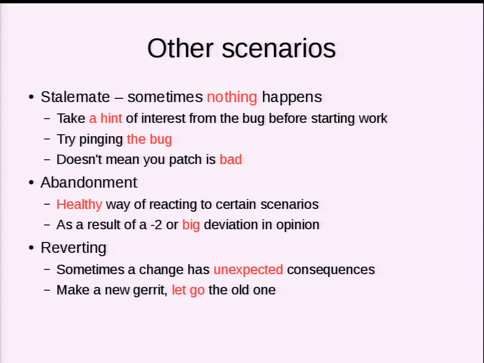The good thing to do initially is to take a hint of interest before you even start the work. You need a feeling that people are interested in fixing that bug, because if it's a bug targeted for the next release, like 2 years from now, there's a high chance that no one will take a look at it in the near future. So try to get a hint of interest from the committers.